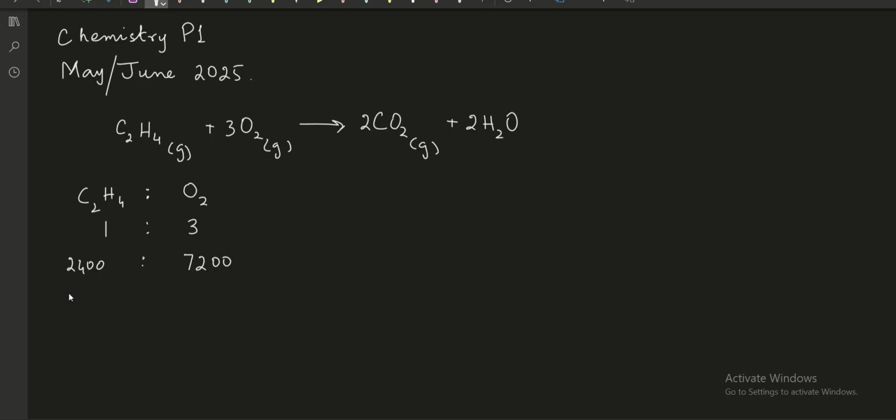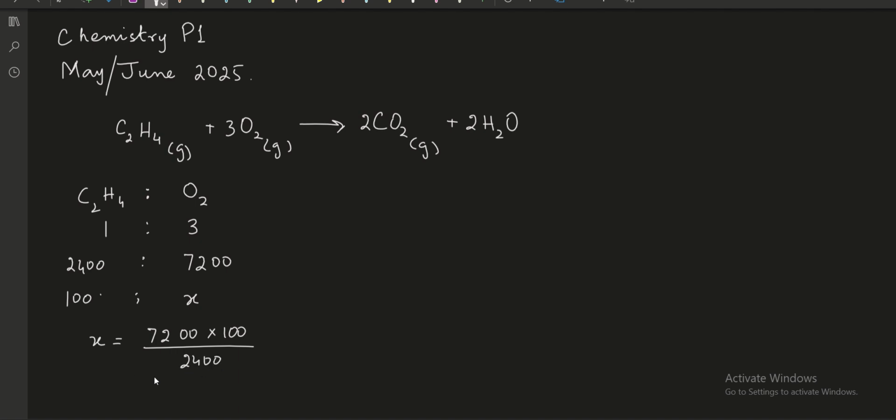Okay, so in the question they have given 100 centimeter cube of ethene, and we have to find, if we have 100 centimeter cube of ethene, it will react with how much oxygen. So take it as x and calculate the value of x. It would be 7200 multiplied by 100 divided by 2400.